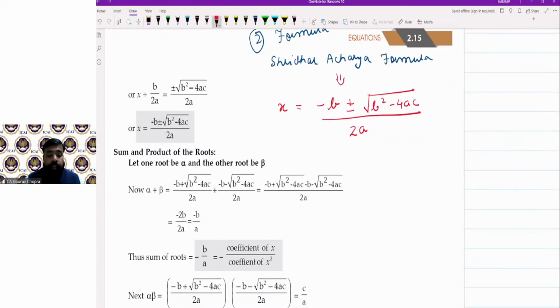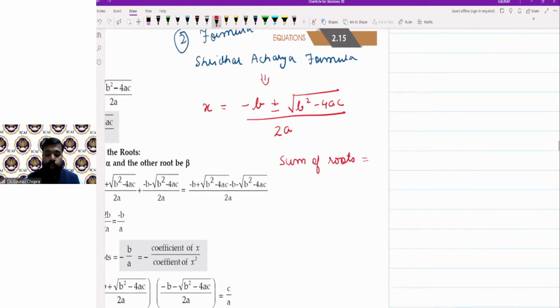Now, the question will be talking about the sum of roots. How to calculate the sum of roots? Our standard format of the equation is ax square plus bx plus c is equal to 0.